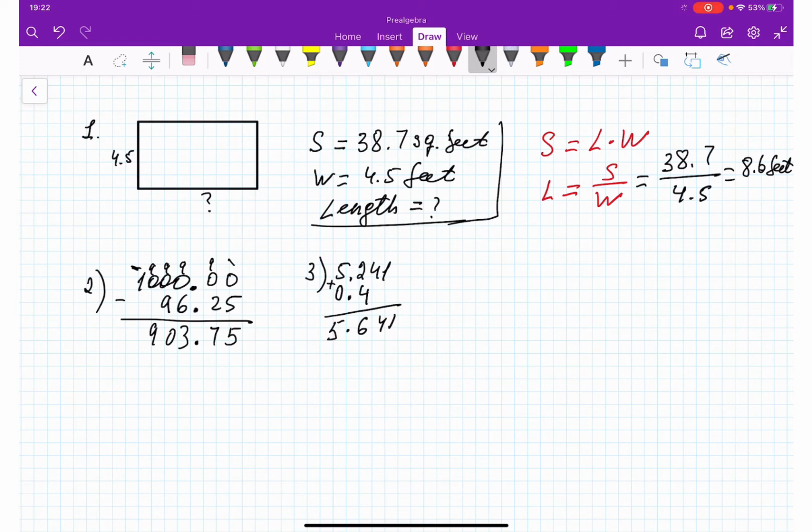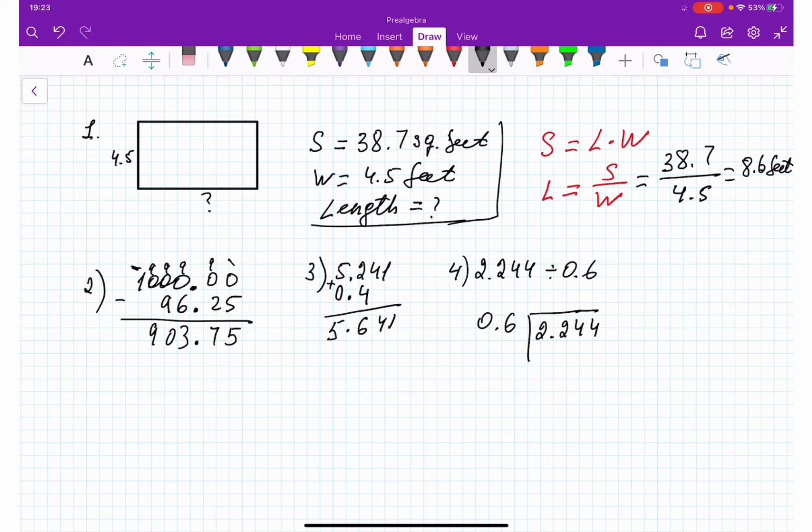Question number 4. So here we have division. Number 4, we are going to divide 2.244 by 0.6.